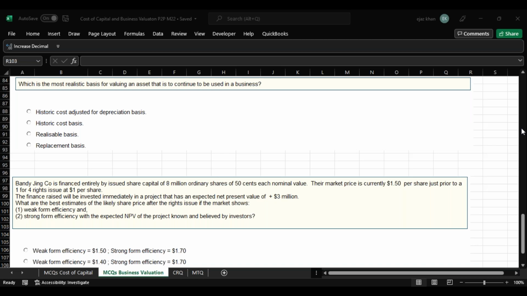when that event occurs, that is, when it becomes history. That means only historic information is reflected in the share prices. Now, why is it not practical to assume a stock market has such a level of efficiency?